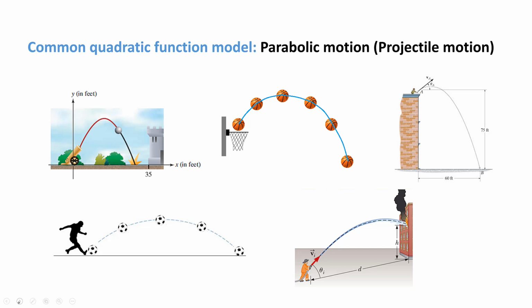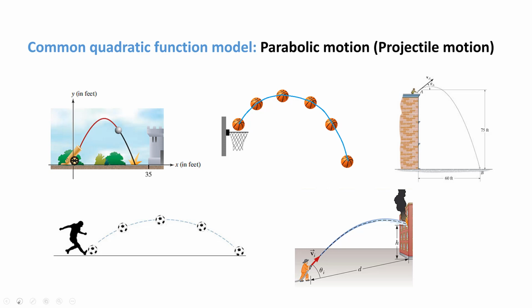And then you can use that quadratic function to make different calculations. For example, you can calculate the time it takes for the object to fall down, or you can also calculate the maximum height the object reaches, or the time it takes for the object to reach its maximum height.